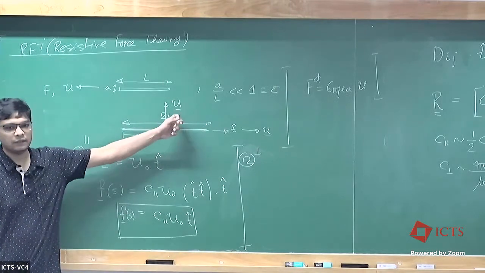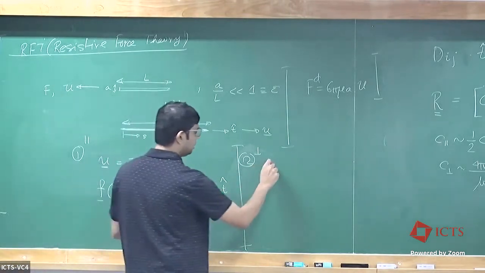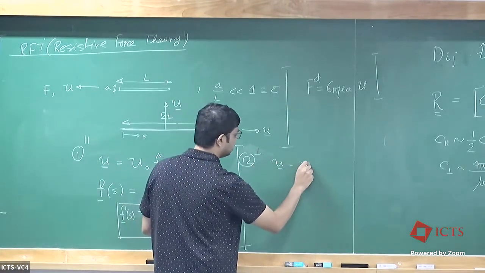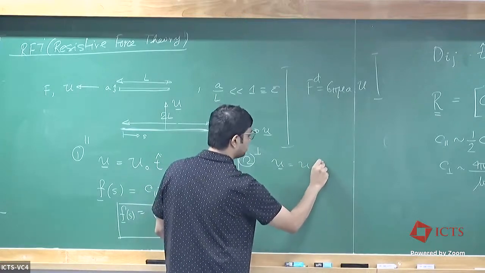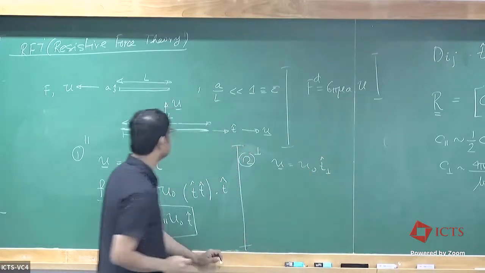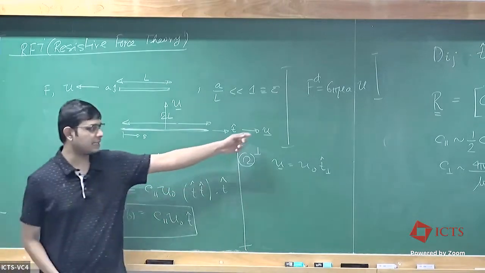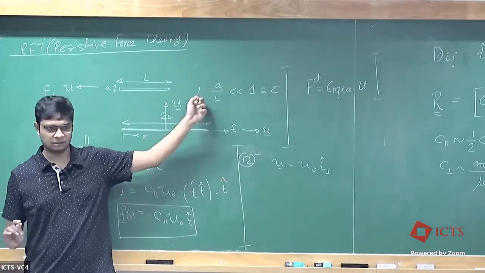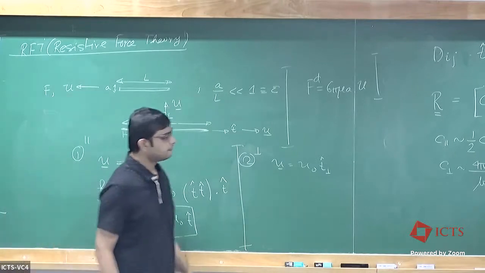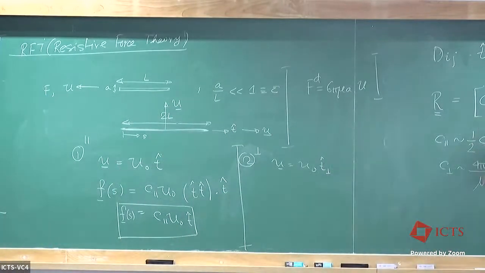If the velocity vector u is now u naught times this direction, think of this as x, think of this as y. Now can anyone tell me whether this term will contribute?